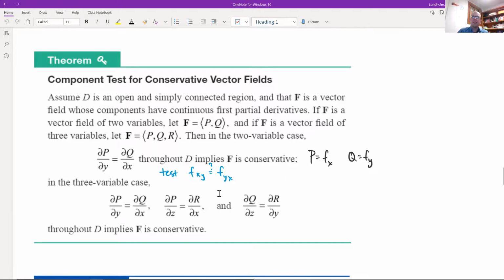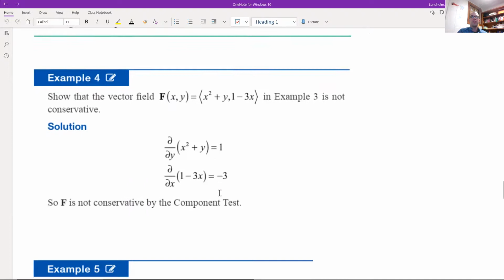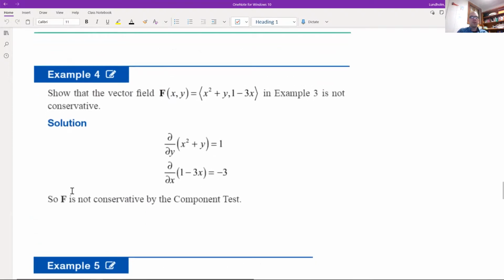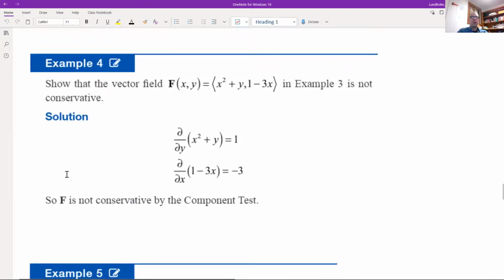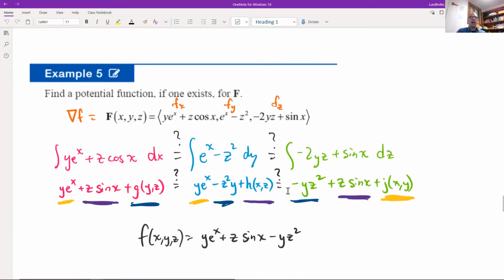Yeah, we're doing the same thing. It's Clairaut's theorem. For example number 4, we want to show that this is not conservative. So we take those partial derivatives, and it's not conservative by the component test, Clairaut's theorem for the mixed partial derivatives.